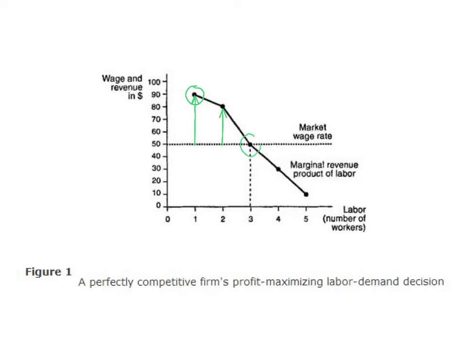We will hire up to the point where the marginal factor cost equals the MRPL. Once we go to the fourth worker and the fifth worker, we will notice that the marginal factor cost is greater than the MRPL. Therefore, we would not hire the fourth or fifth worker.